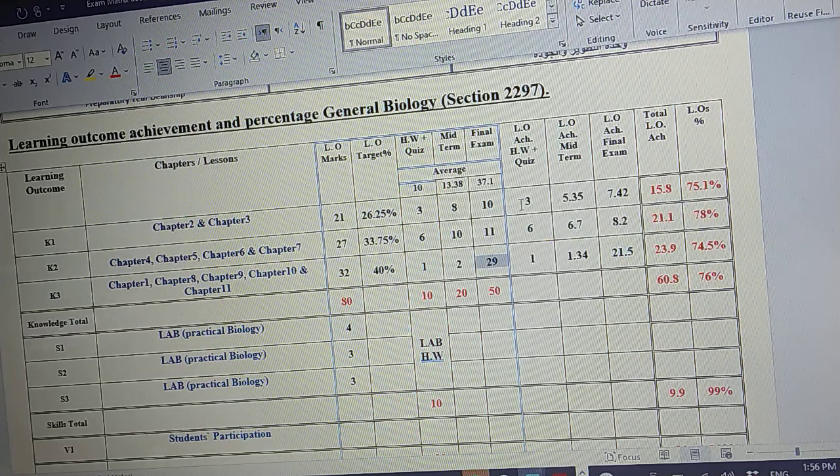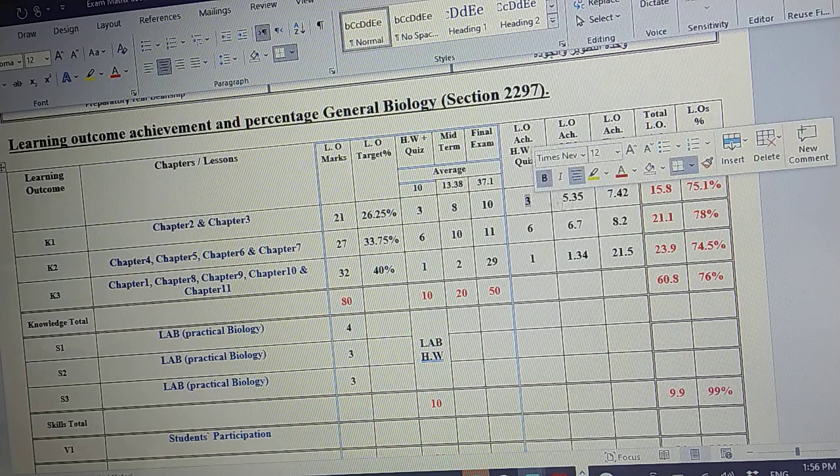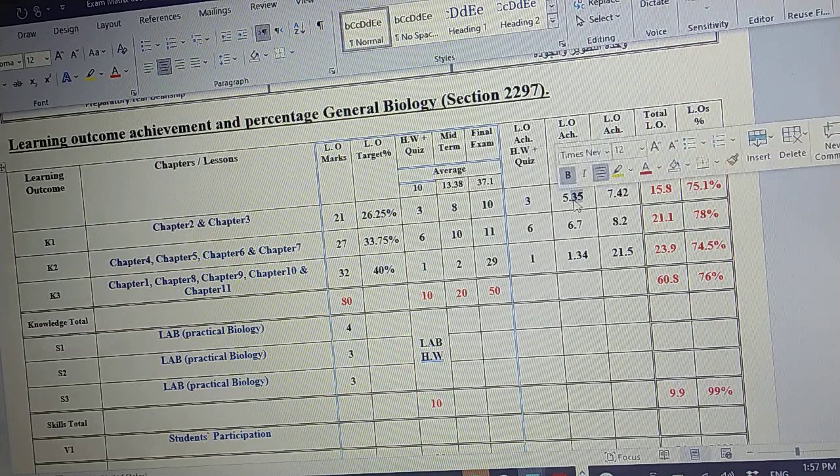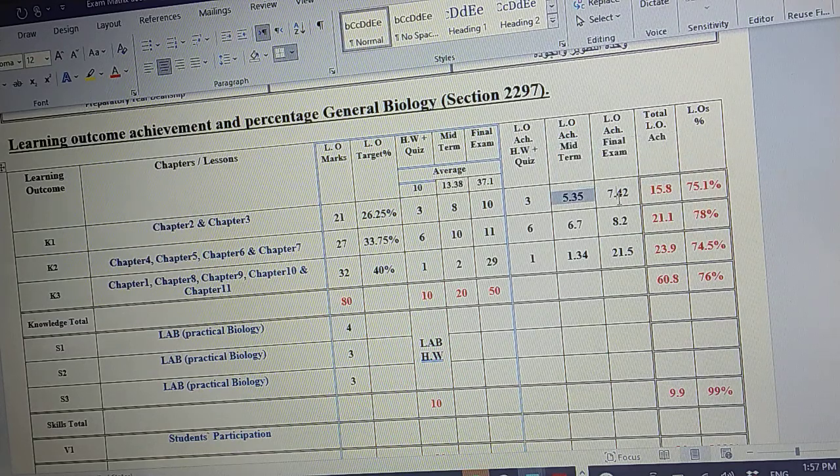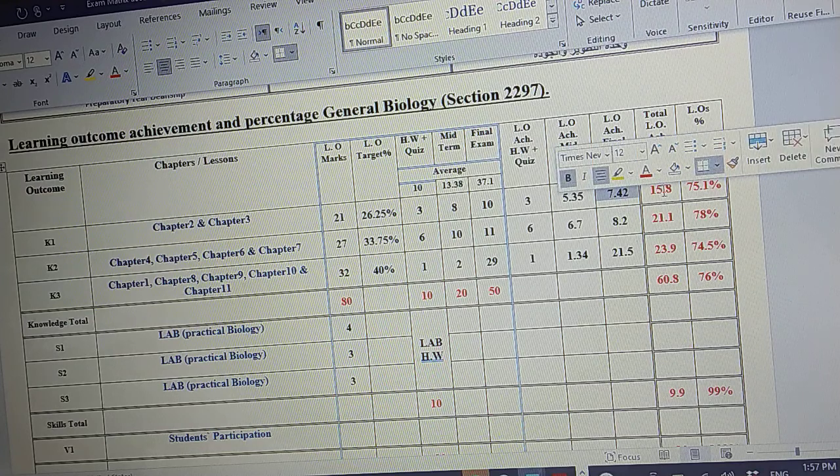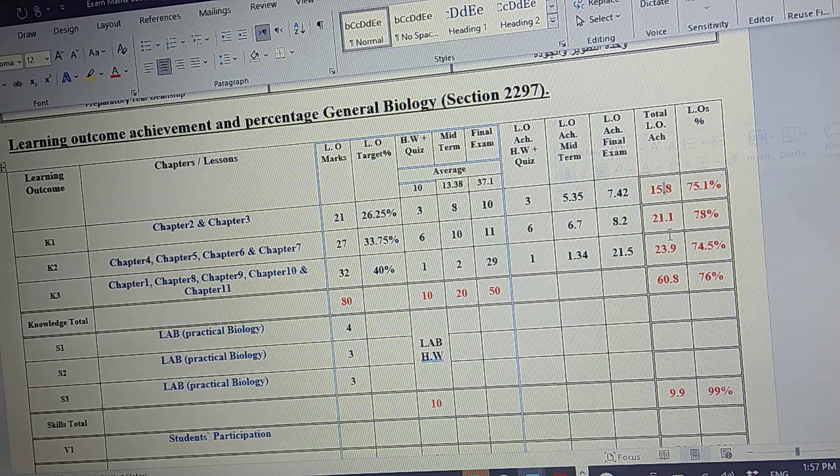I am going to make a summation for all the assessment methods for the learning outcome K1. It will be 3 plus 5.35 plus 7.42, which will equal 15.8.